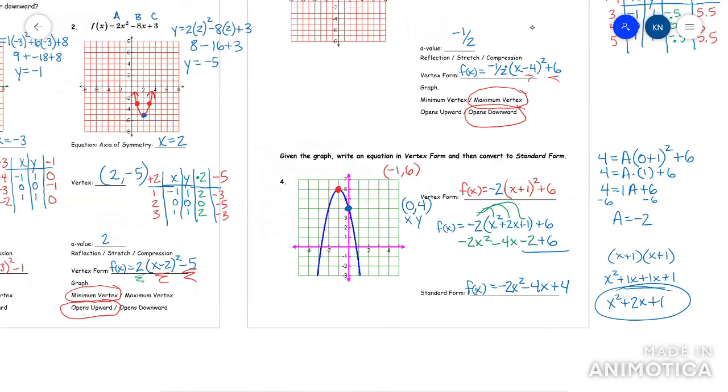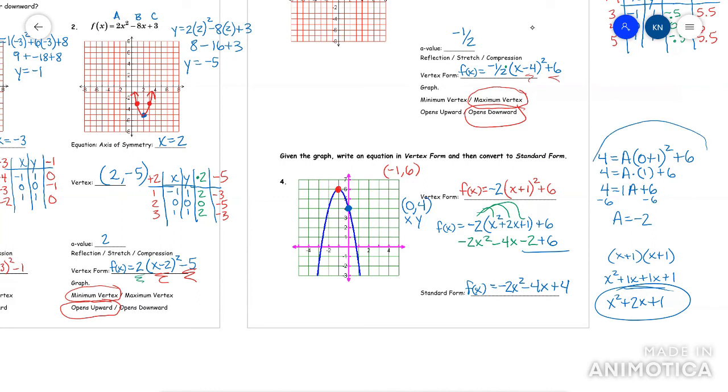So that one was kind of tricky because there's a lot to it. Identify your vertex, which was here. Write you an equation based on that vertex, but you're going to have to leave this number as the letter A and go solve for it by using any coordinate. I chose 0, 4, but it would have worked with like negative 2, 4 as well.